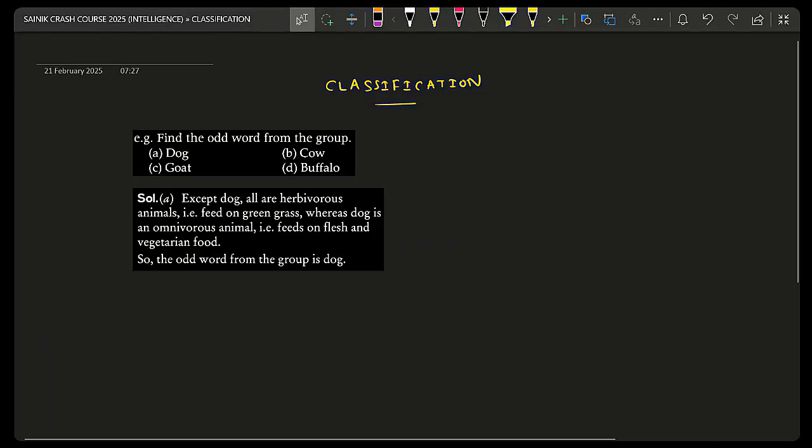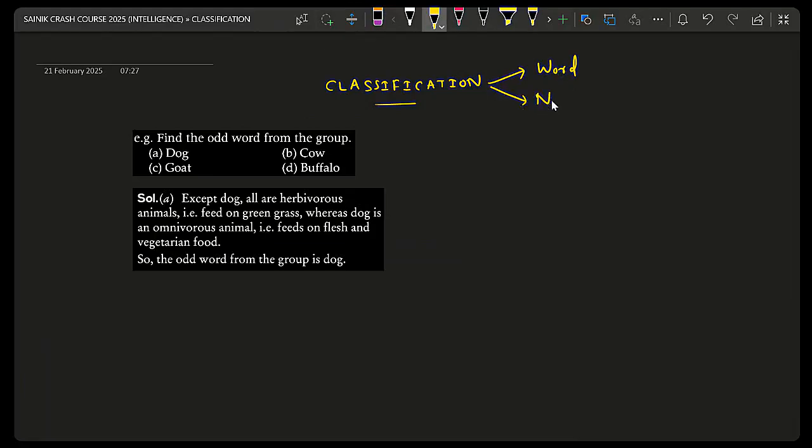Classification may be broadly divided into the following types: word classification, number classification, and letter classification.